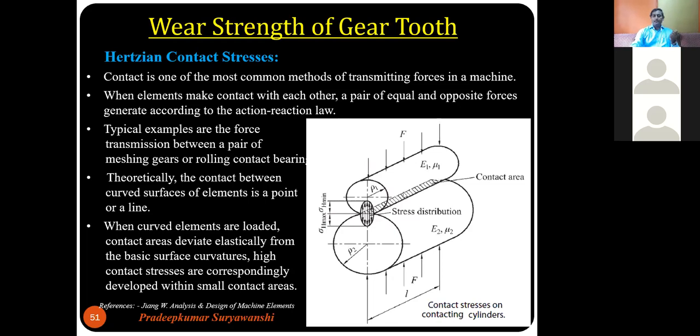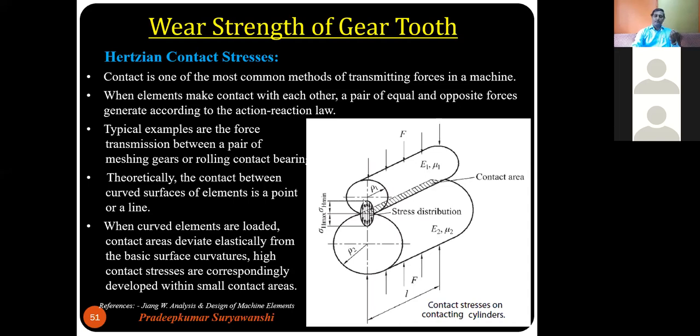And when this type of contact happens, contact stress will be developed at the small area, because that small area will be undergoing a deformation, or you can say it will deviate elastically from their normal curve.